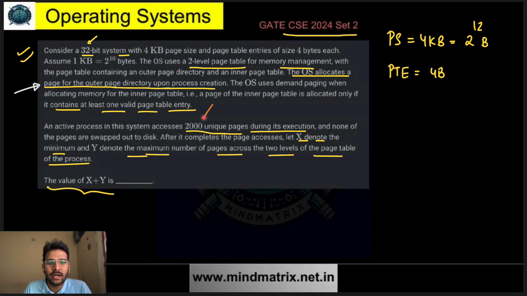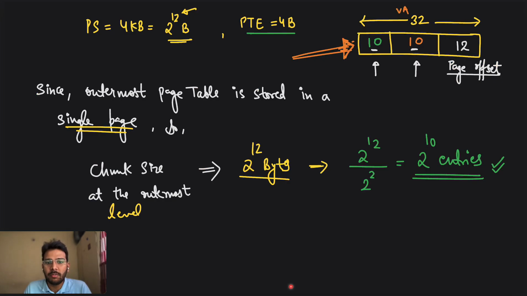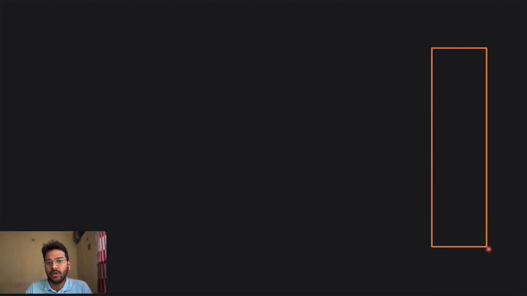Now the question says that this active process in the system is accessing 2000 unique pages during its execution. Okay, so let me add one more slide here. So here we have this virtual address space, or you can say logical address space, because so far we haven't talked about the virtual memory concept.